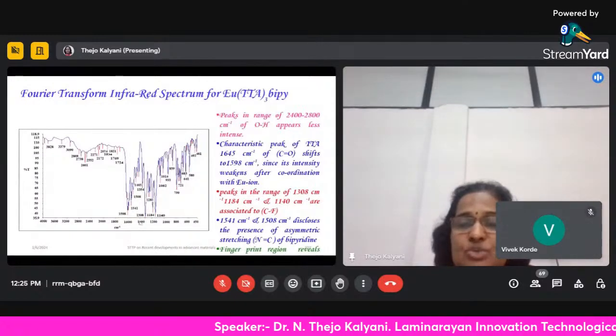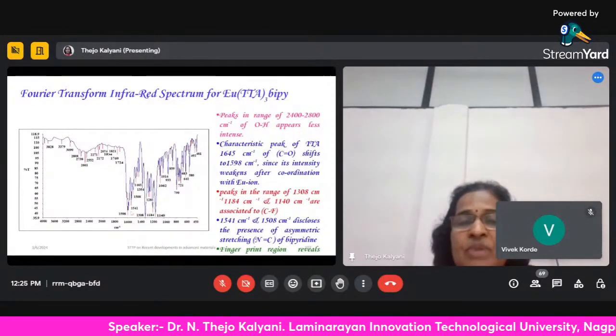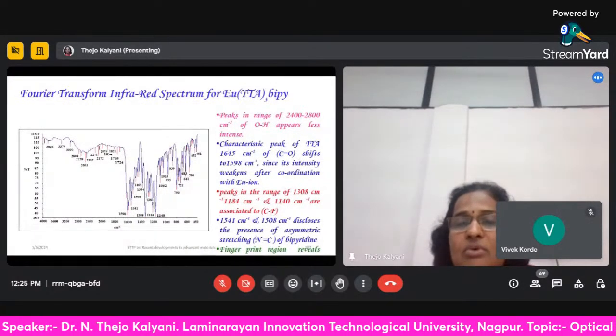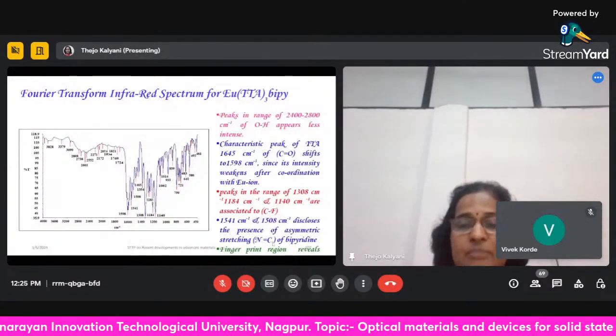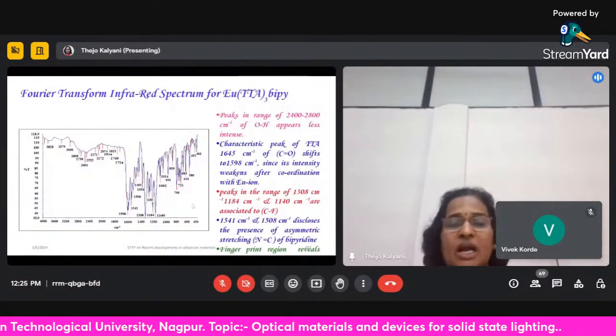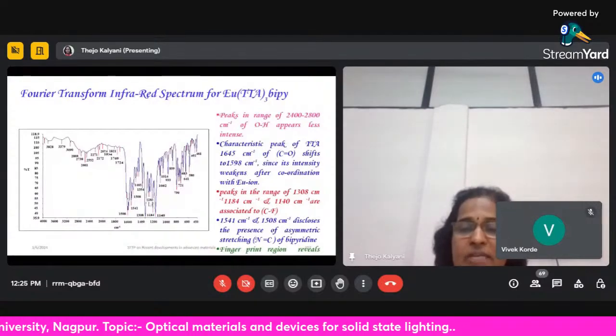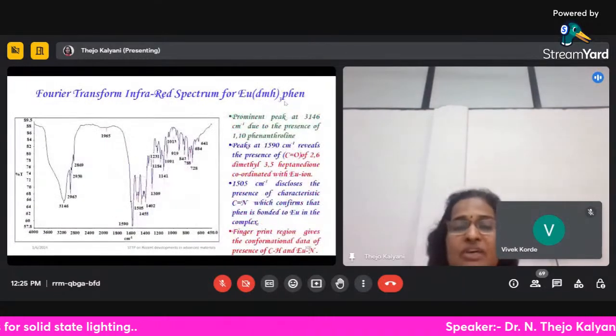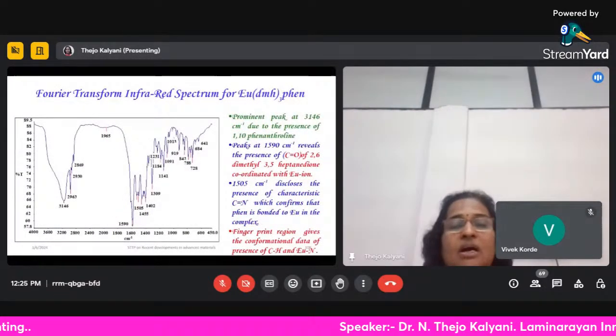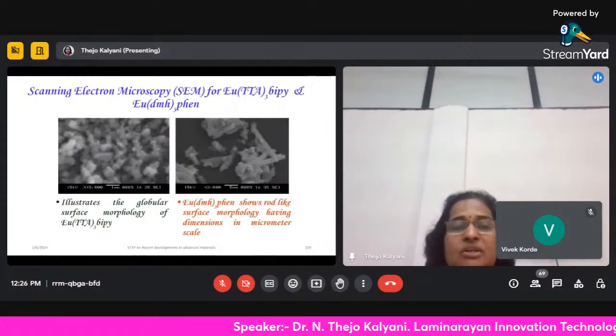So these peaks are associated with carbon and fluorine, which is a composition of this TTA. And similarly, N double bond C is observed at 1541 centimeter inverse and 1508, which confirms the presence of the other ligand, this is bipy.